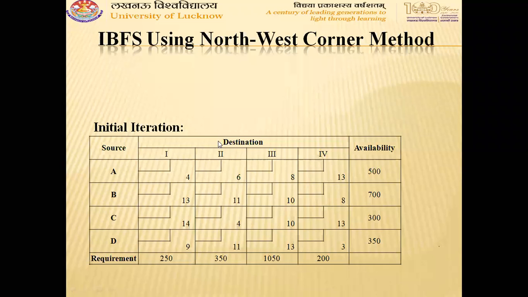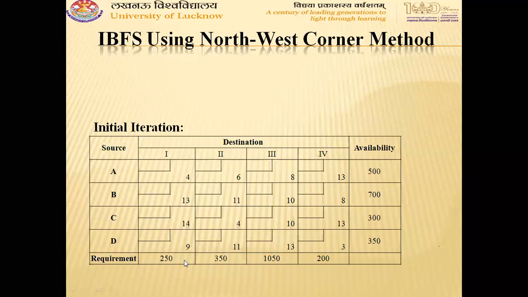Before going to obtain the solution, first we check the two conditions. First condition is that total availability should be equal to total demand. So total availability is 500 plus 700 plus 300 plus 350, that is 1850 units.